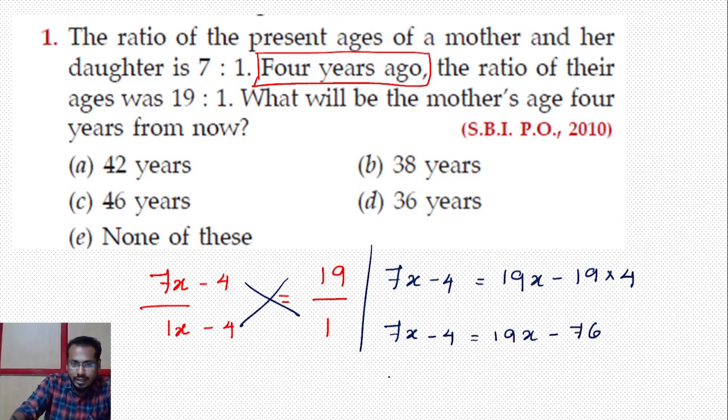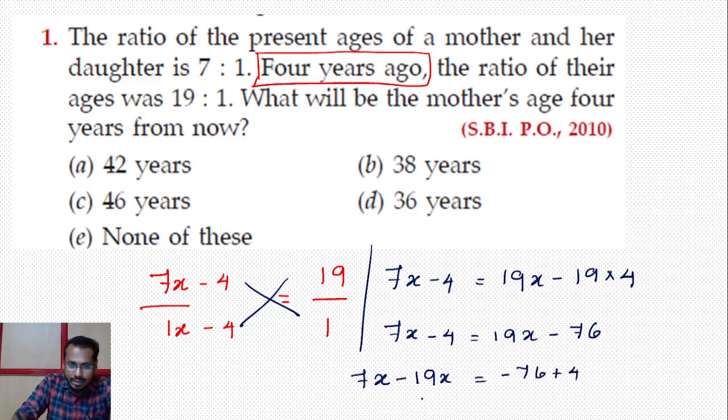Now take x on one side, 19x and 7x. I will write step by step for the first problem. Most of the students get confused here. So 7x minus 19x is equal to minus 76 plus 4.